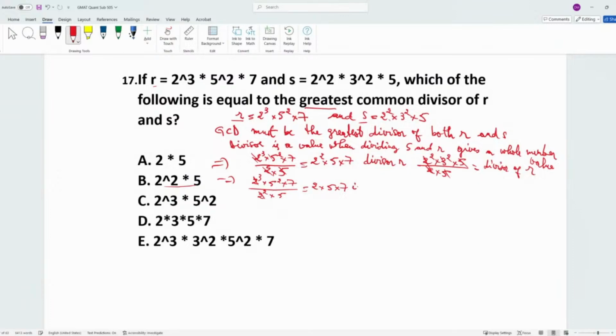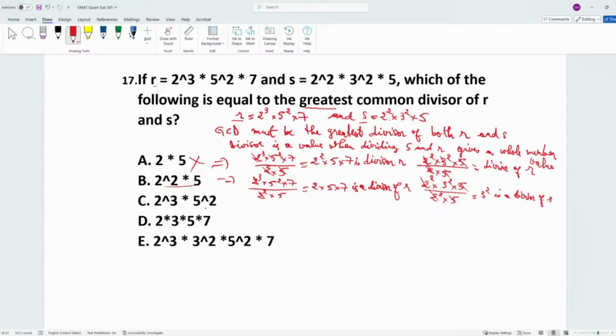So it is a divisor of R. Is it also a divisor of S? If we do it like this, yes. So it's also a divisor of S. But this is not the answer, because when you compare, this is greater than this. So this is out.